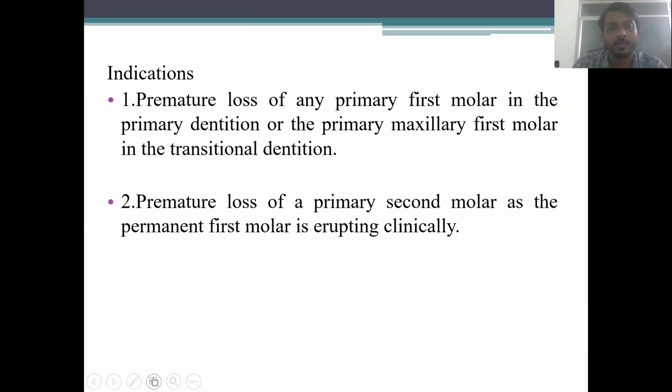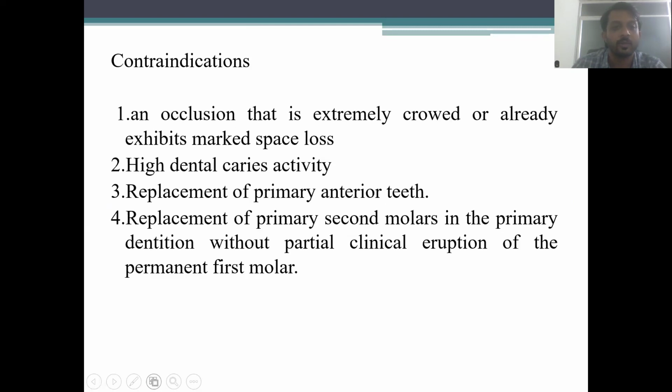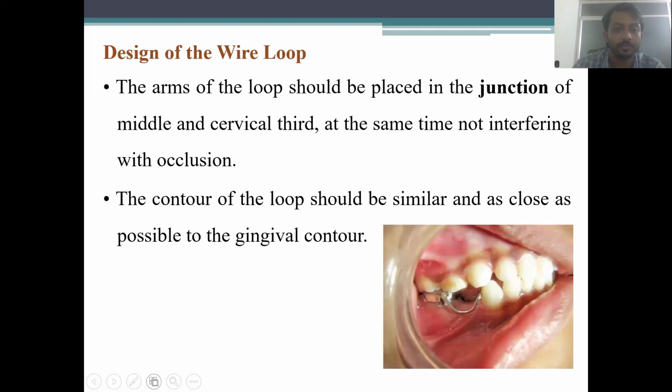Indications are premature loss of any primary first molar in the primary dentition, or of the primary maxillary first molar in the transitional dentition, and premature loss of the primary second molar as the permanent first molar is erupting clinically. Contraindications are an occlusion that is extremely crowded, high dental caries activity, replacement of primary anterior teeth, and replacement of primary second molars in primary dentition without partial clinical eruption of the first permanent molar.